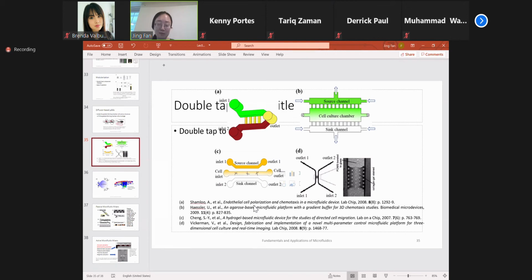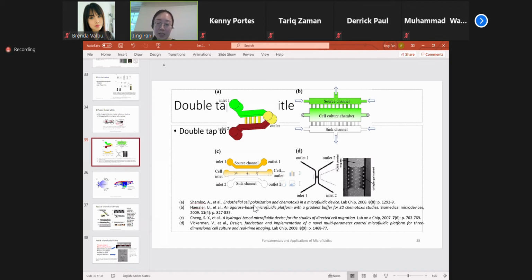But that's not the main point of all of these devices. Basically, in all these designs, we have everything on the same plane, and the gradient is along one direction, from the source to the sink, right? One-dimensional concentration gradient. But if we apply another different concentration on the top hydrogel, then we can actually generate a 3D concentration profile.